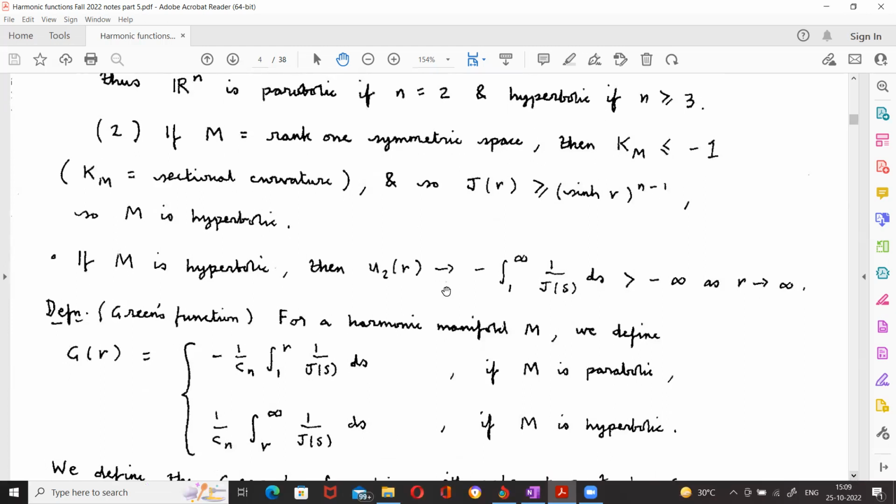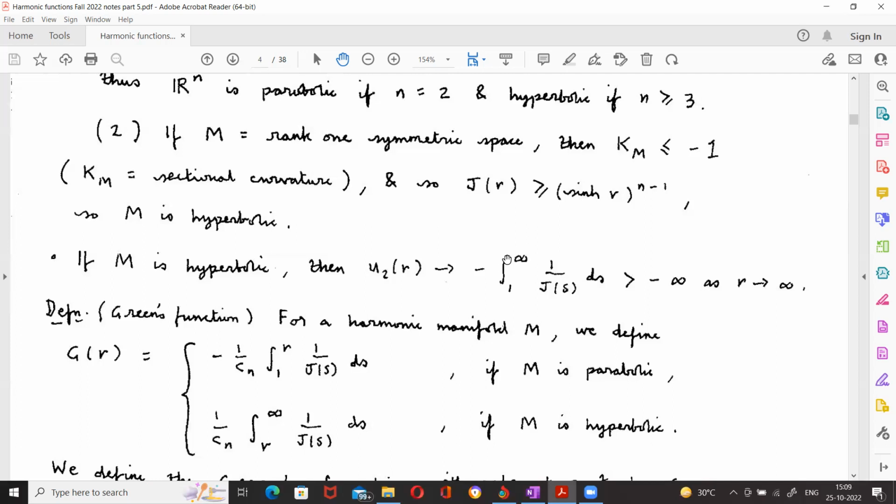What it means is that if M is hyperbolic, then this radial harmonic function with the singularity at the origin converges to a finite limit as r tends to infinity, right? And so therefore, if I add a constant, then this radial harmonic function will be positive everywhere on the manifold, right?